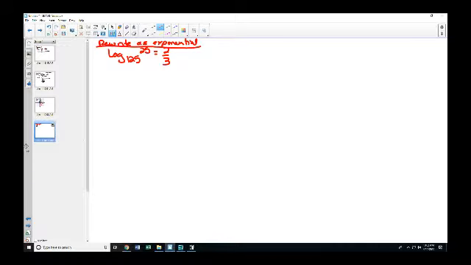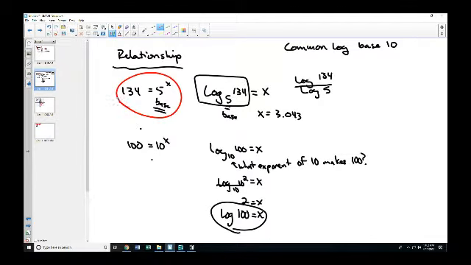No, this is not a calculator problem. This is to rewrite it as an exponential. You take away the log and write it as an exponential like this.